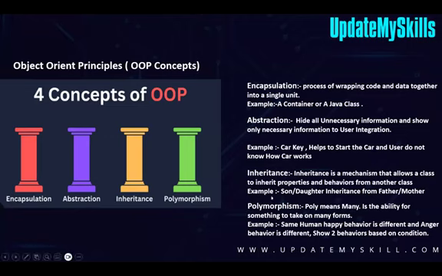In order to satisfy all these principles, they came up with a tool called class. They came up with a tool called object to satisfy all these things. That's how the inventor of Java thought: hey, I want to develop Java to follow these things, but I need to have some tools, right?